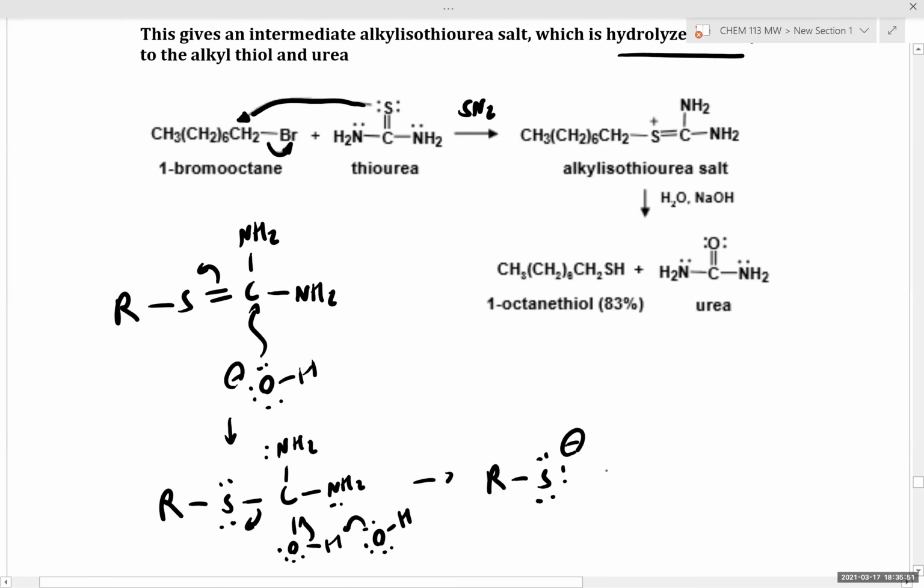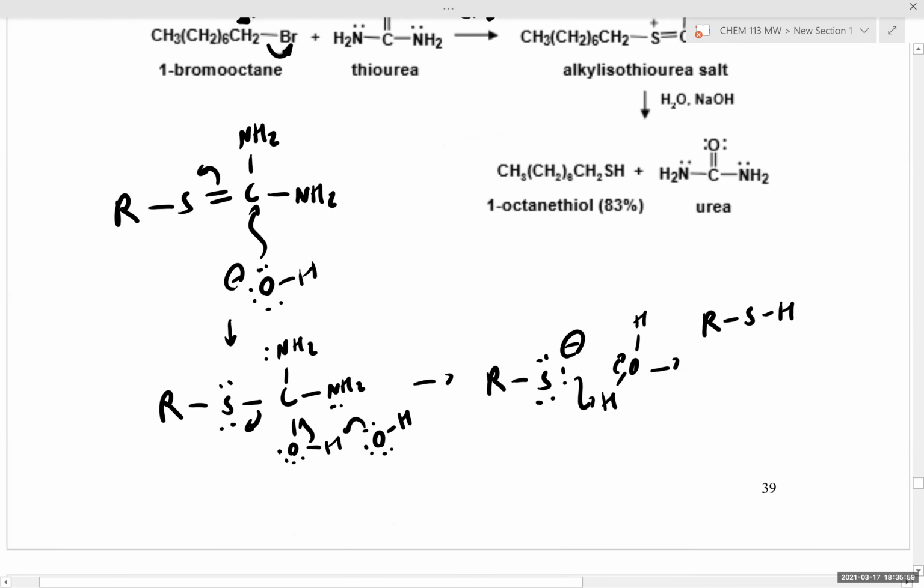That frees up our thiolate anion, which can just be protonated. And as a byproduct, we isolate urea, which is easy to remove with water.